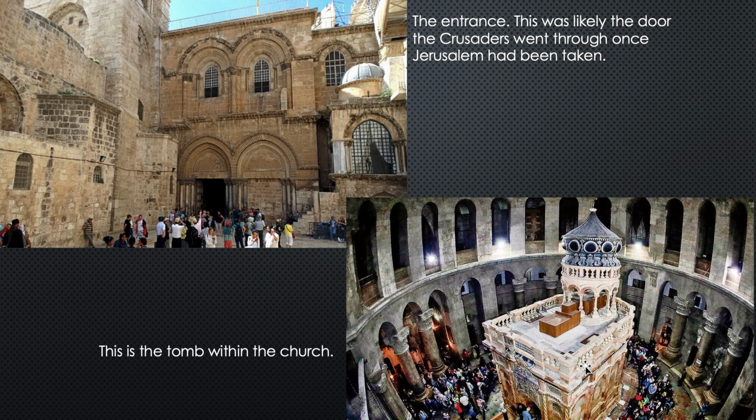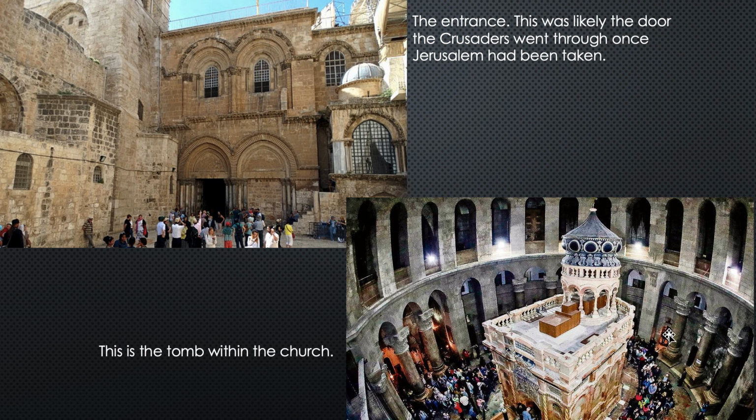Inside the church is this tomb within the church. Now, its historicity is up for debate, and that's not the point. In the Middle Ages, the Crusaders believed this was the site, that this was the tomb where Jesus' body had laid for 3 days, 2 days, however you want to count your days, and from which he emerged on Easter morning.